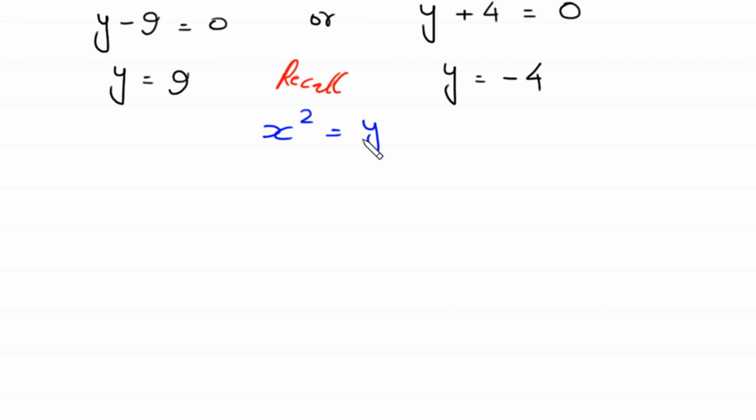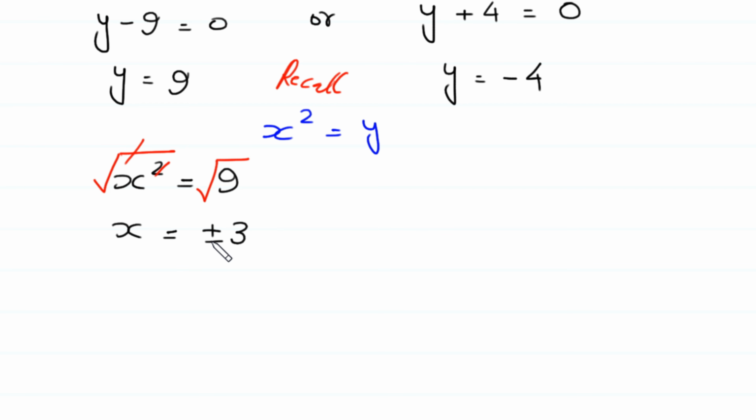First, in this equation we put the value of y, 9. x squared is equal to 9. We take the square root of both sides. This square will be cancelled with this square root, and x is equal to the square root of 9, which is plus minus 3.